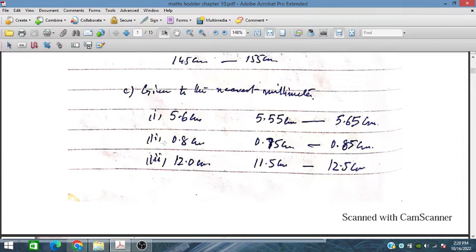So this is the way that we consider the lower bounds and upper bounds. It depends on the nearest millimeters. This is centimeters, so this fractional point is representing the millimeters. So we are approximating it to the nearest millimeters.